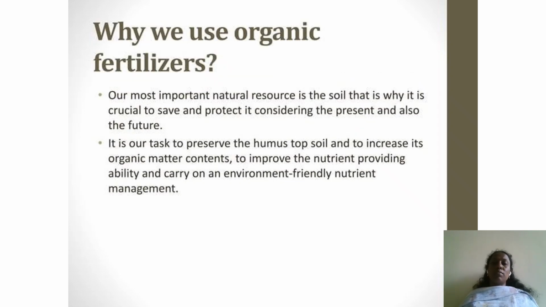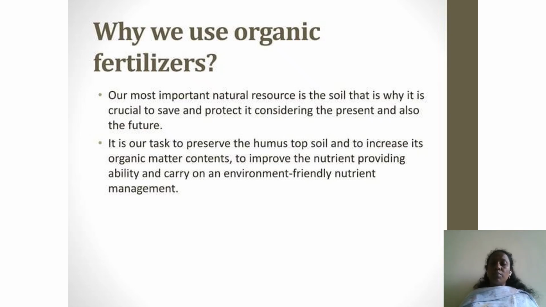So I use organic fertilizer instead of inorganic fertilizer. Soil is one of the most important natural resources, which is very crucial, and this is why it is crucial to save and protect it, considering both the person and the plants. It helps to preserve the humus topsoil, that is the topsoil of your plant, increase the organic matter content, and improve the nutrient providing ability.